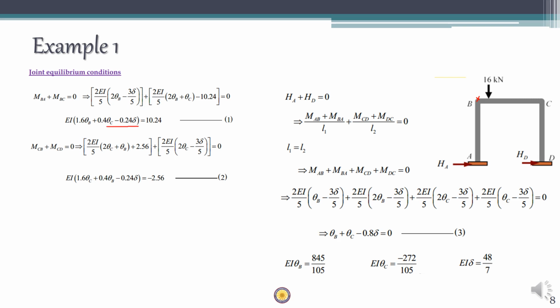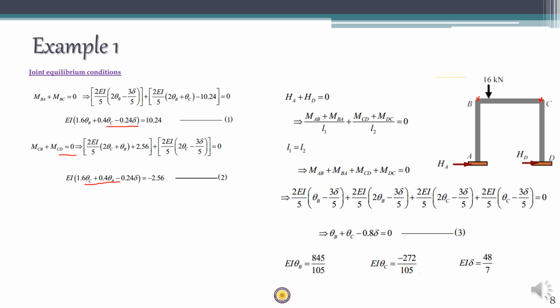So that will be our first equation. At joint C also, sum of support moments should be equal to 0, which means that MCB plus MCD should be equal to 0. So that is another equation we are going to use. We substitute MCB and MCD values, and you get another equation in terms of theta B, theta C, and delta.